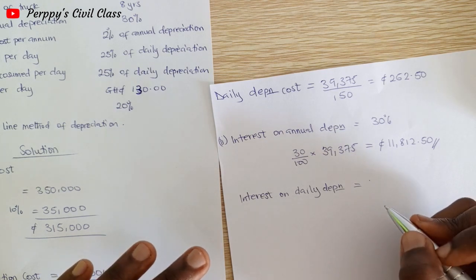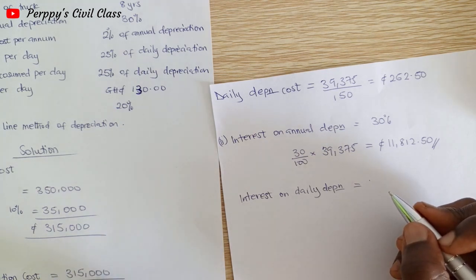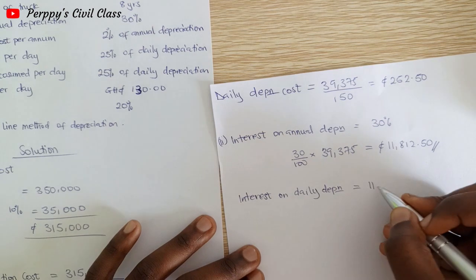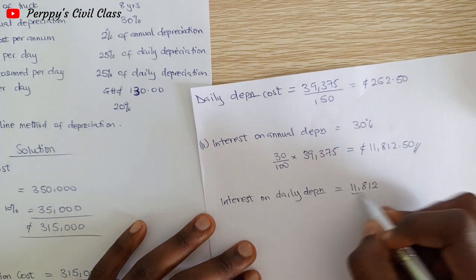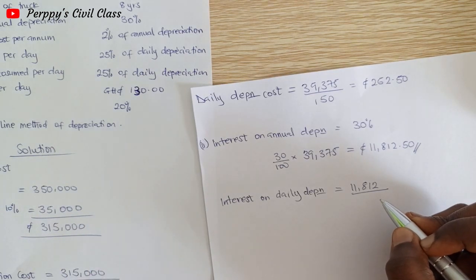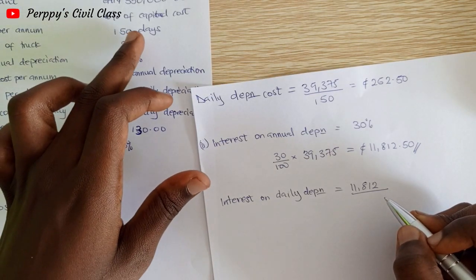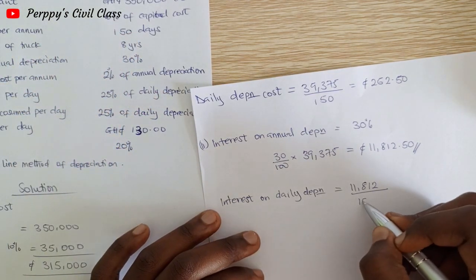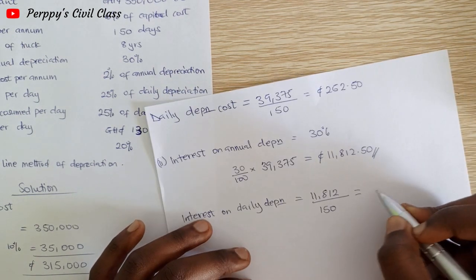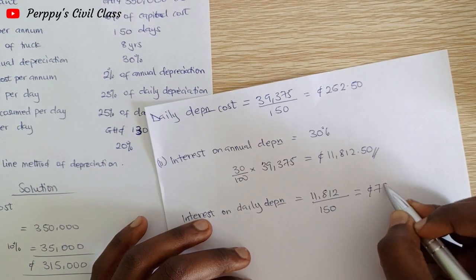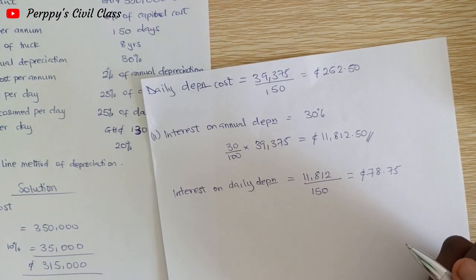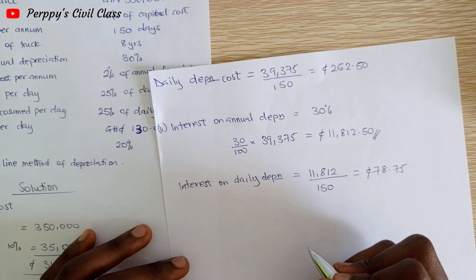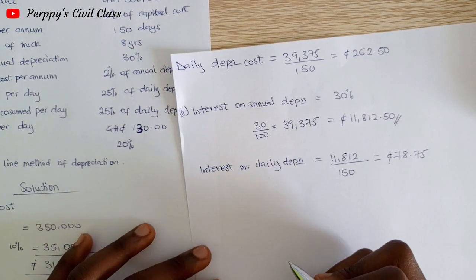Because it's daily, we divide 11,812.50 by 150 days, and we have 78.75 Ghana cedis.